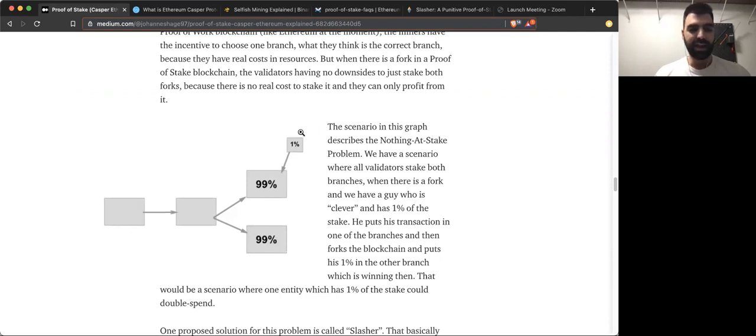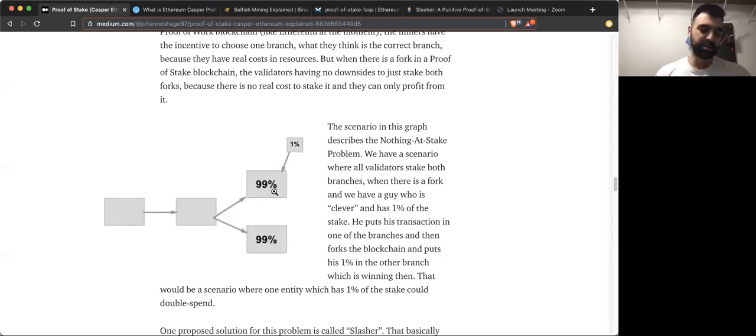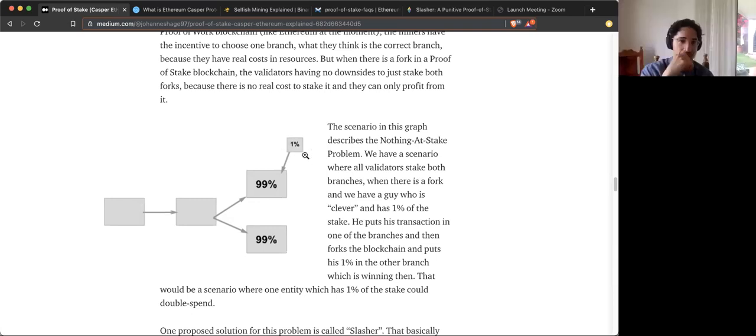And then he adds his 1% stake to adding blocks only to this chain. That'll cause a double spend, because this chain will grow longer than this chain, since his 100% is mining on this chain, but only 99% on this chain. And the transaction Alice just sent on this fork will be lost. So this kind of system allows you to double spend, right?